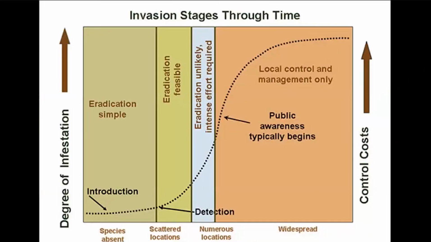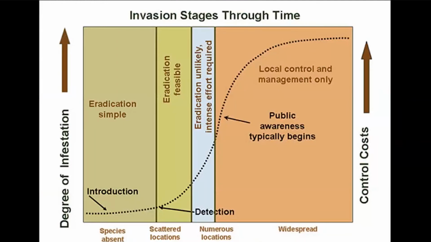There's a kind of a natural biological progression that works with invasive species and a lot of other population dynamics of biological elements. And that is that when something is first introduced, it doesn't look very threatening. And so it may maintain relatively low population levels and not build up real fast until we get to the point where there's reproduction.